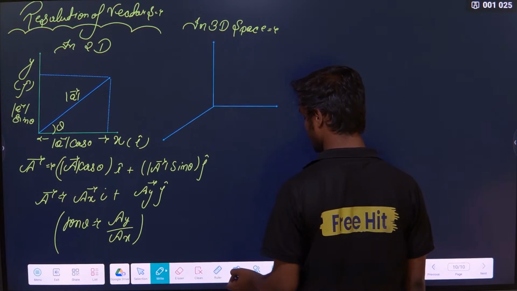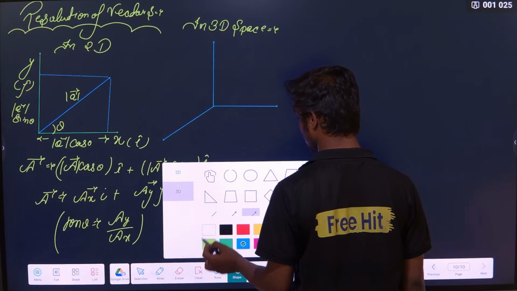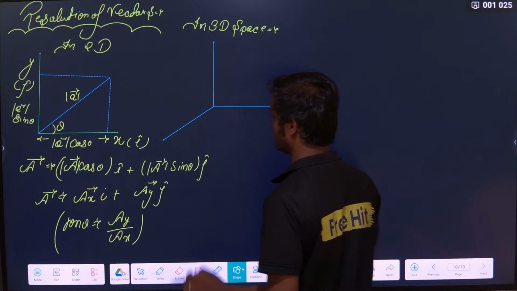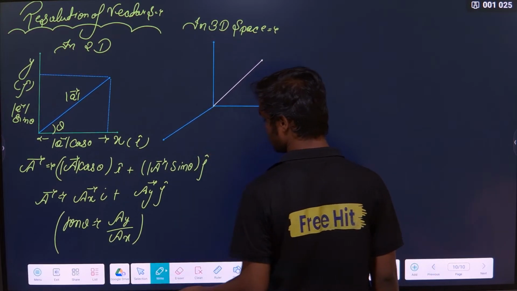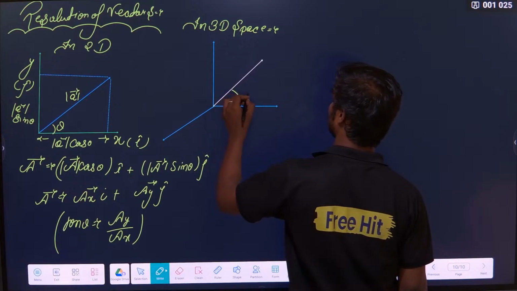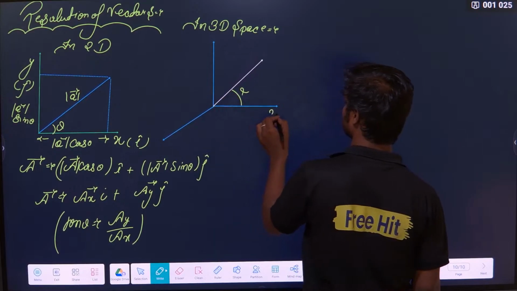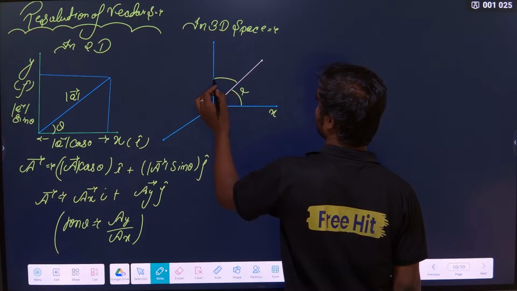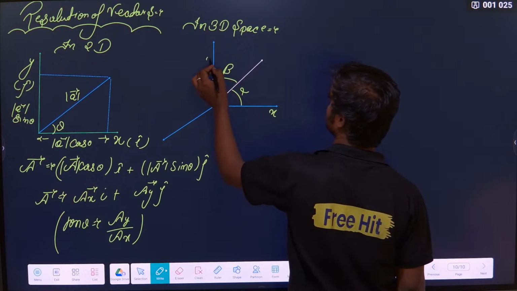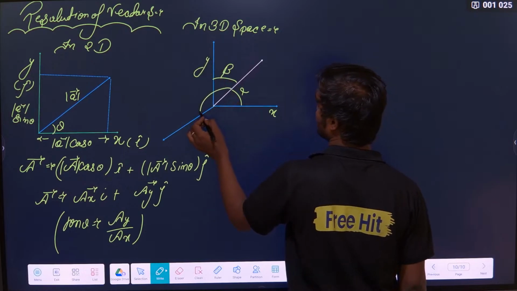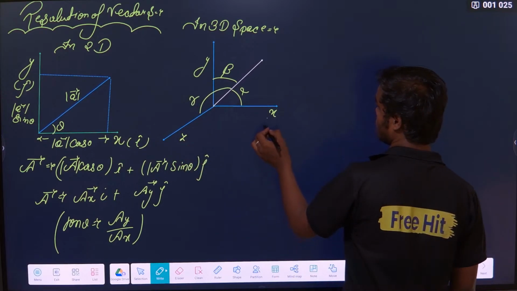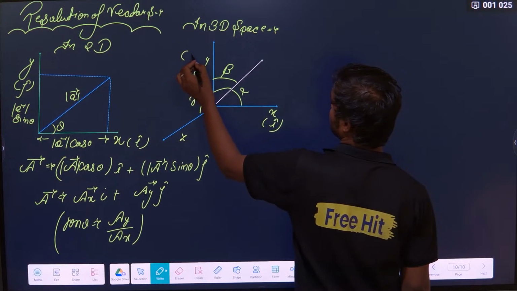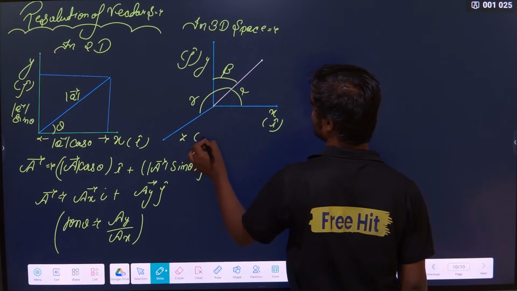And suppose I have some vector like this, and suppose this angle is alpha with the x-axis, beta with the y-axis, and gamma with the z-axis. The components are i cap, j cap, and k cap.